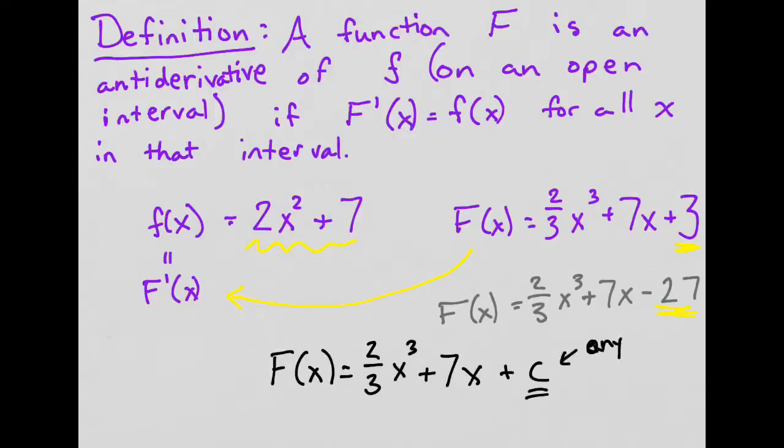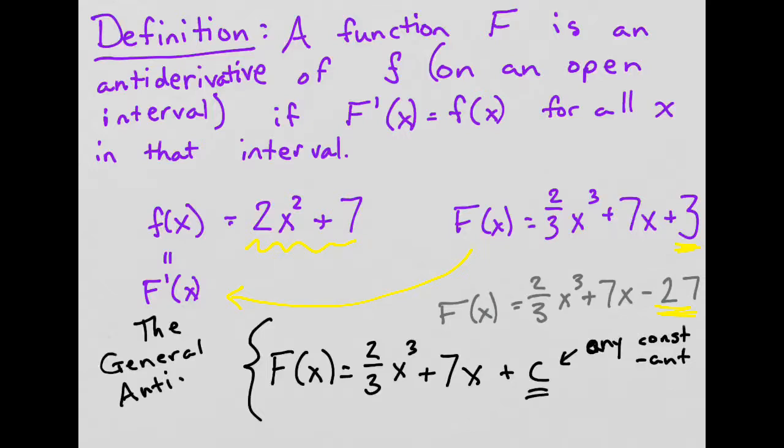So any constant. And in fact, this class is called the general antiderivative. So whenever you hear the general antiderivative, it's not one, it is an infinite number of antiderivatives.